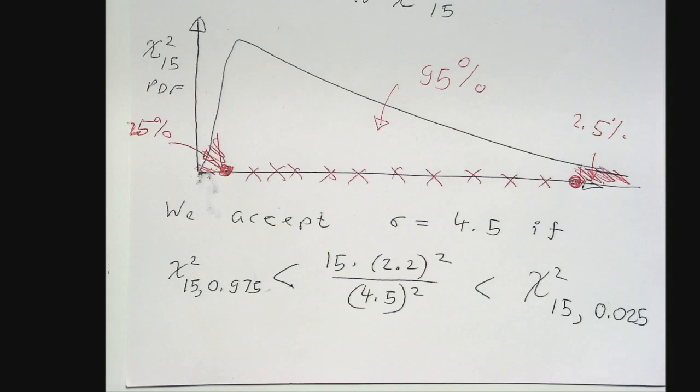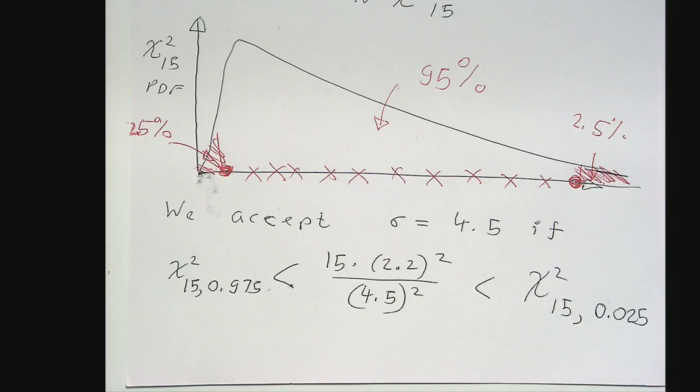Now, if that is so, this is the typical shape of a chi-square PDF with 15 degrees of freedom. If it actually follows this PDF, you would expect it to fall in the central part. That means if you cut off the bottom 2.5% and the top 2.5%, you would expect this value to lie between the two points marked in red.